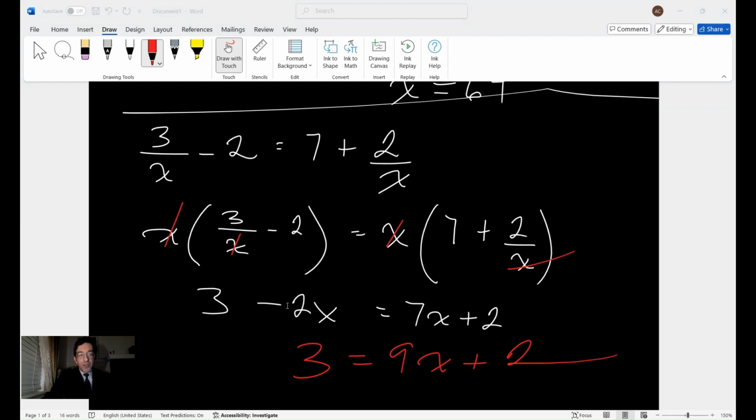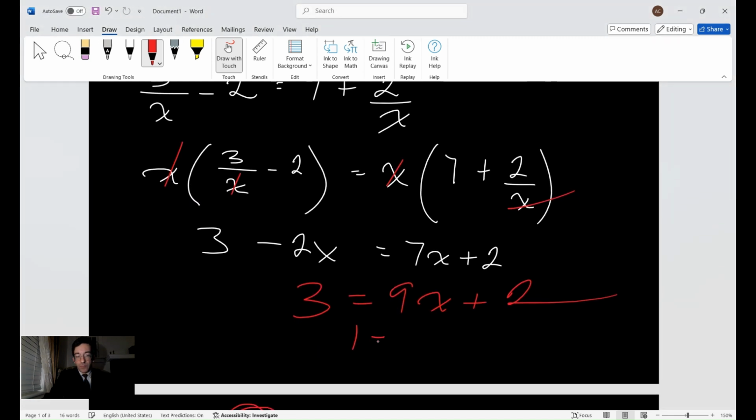And you get 1 equals 9x. Because if we divide by 9 on both sides, these 9's disappear, and we get 1/9 equals x.